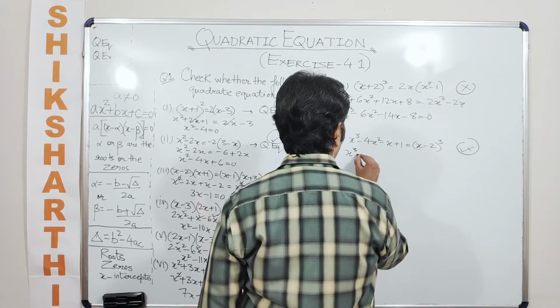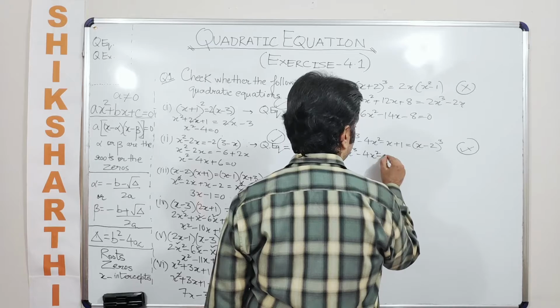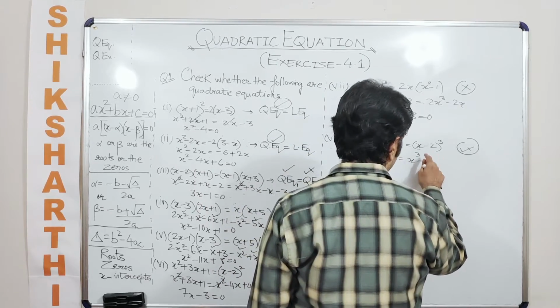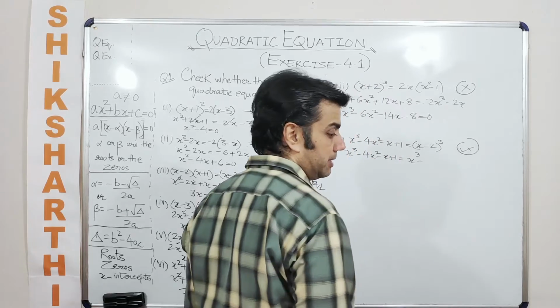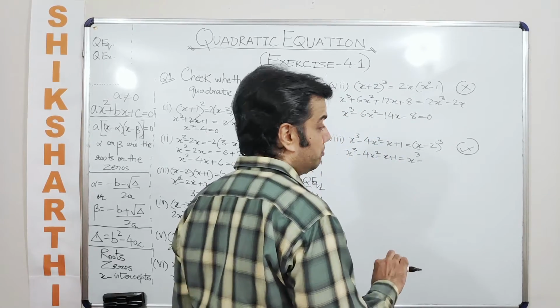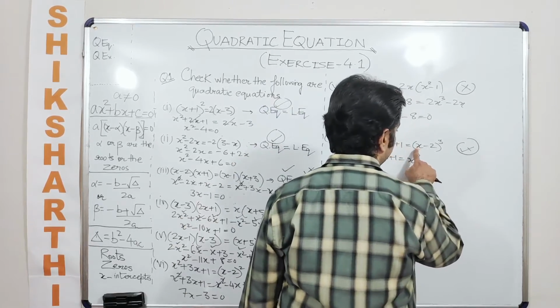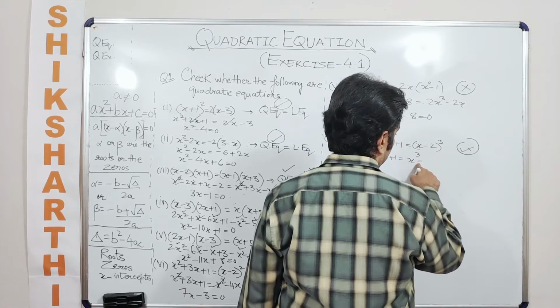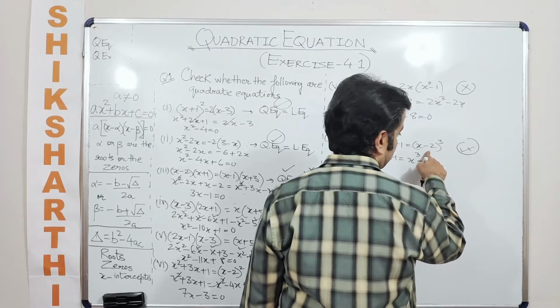Okay, so x cube minus 4x square minus x plus 1 makes it x cube minus, so what is the formula for a minus b whole cube? a cube minus 3a square b. So what should I write here?